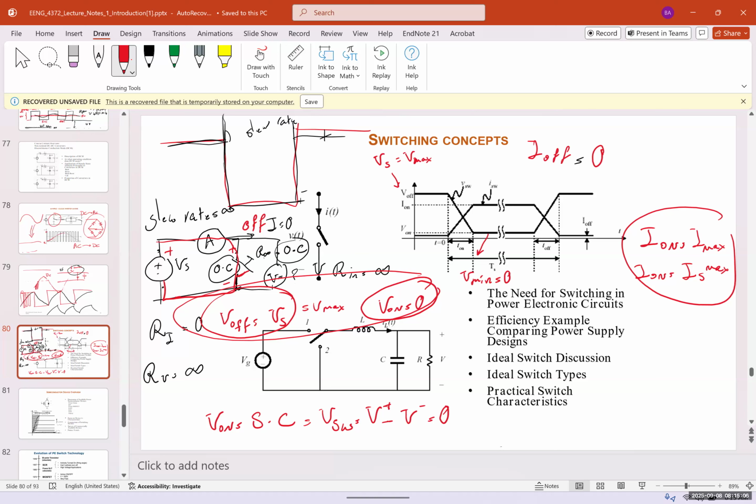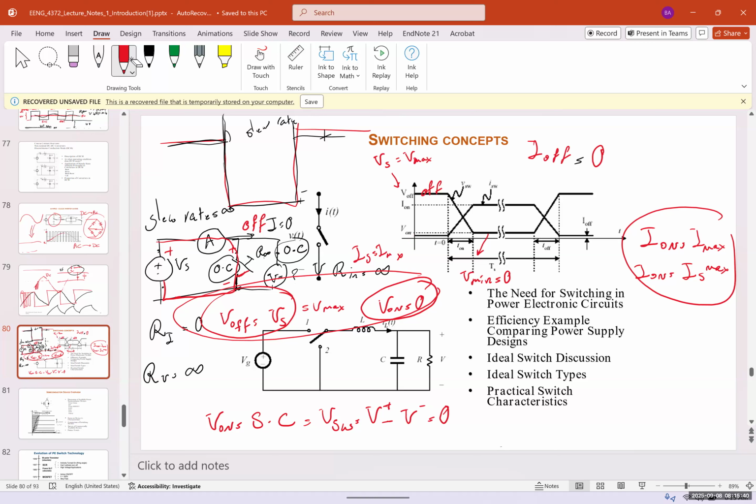And for the current of the switch, we will go from 0 when it's off, we go for maximum. And when it's on, this is IS, or I max. This is when it's on, and this one is off. Again, on, off.